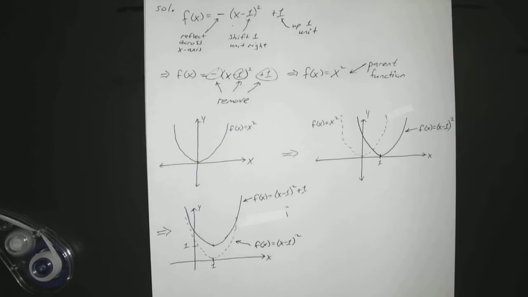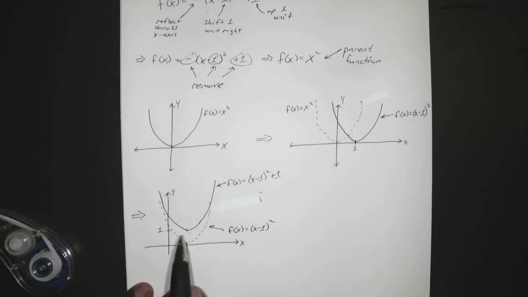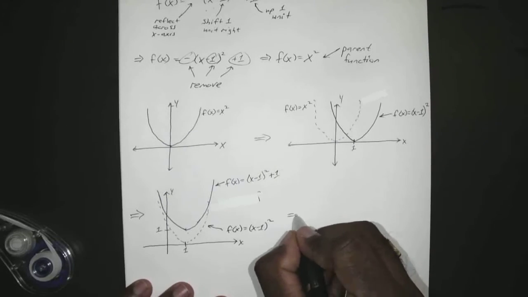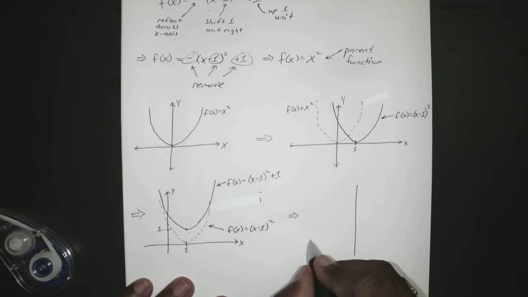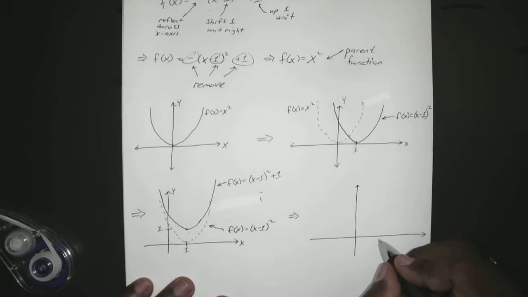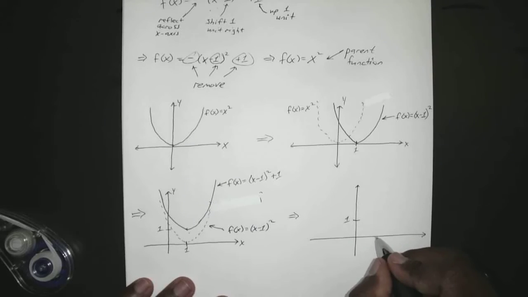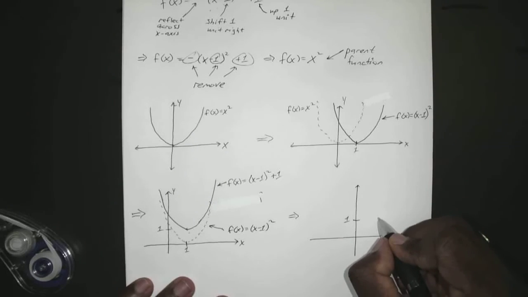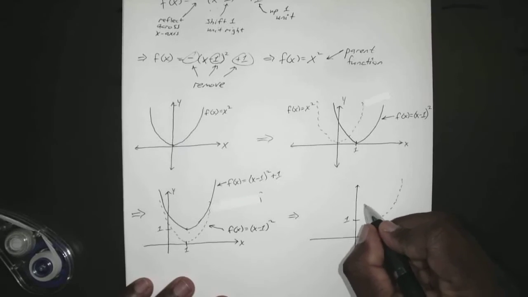Okay, so the only thing left is that reflection, that flip across the x-axis. So we're going to pick right up where we left off, and we're going to have our x and y axis. And that's at 1, and that ended about right here, give or take.